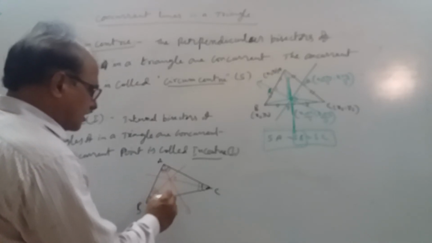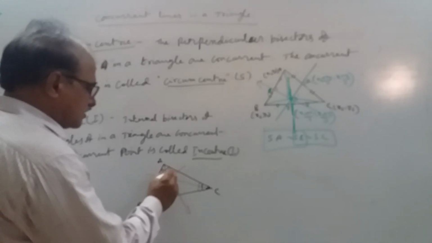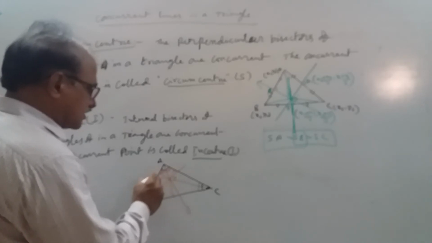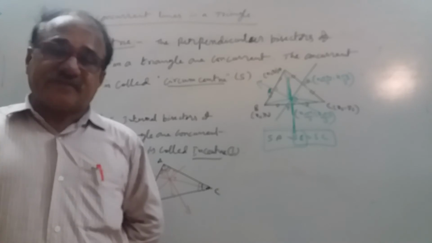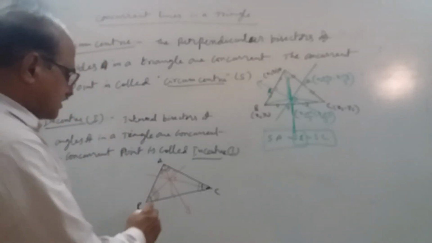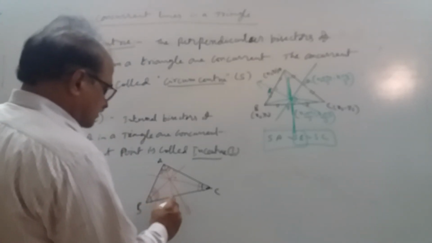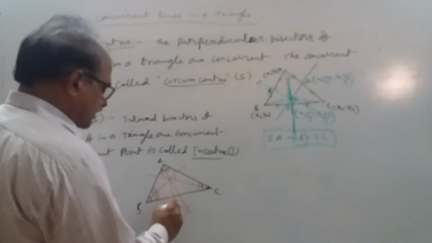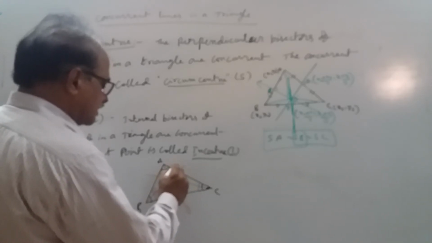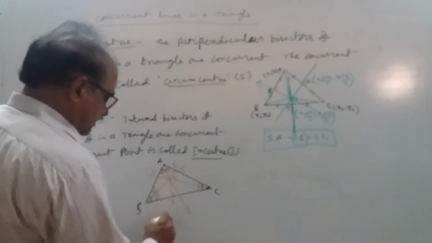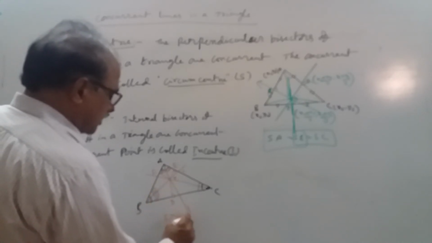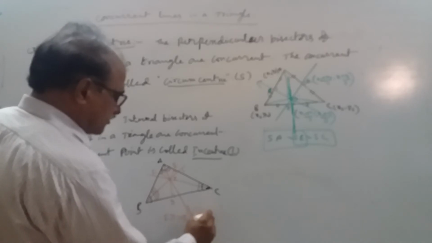If we draw perpendiculars to the sides, it is equidistant from the sides. Let the feet be D, E, F. Let the point be I, then ID is equal to IE is equal to IF.